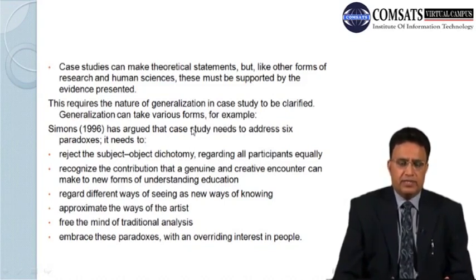And number three, regard different ways of seeing as new ways of knowing. And number four, approximate the ways of the artist. And number five, free the mind of traditional analysis. And number six, embrace these paradoxes with an overriding interest in people.